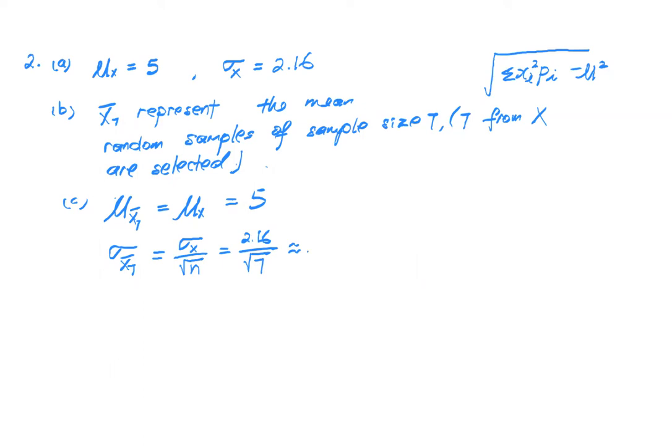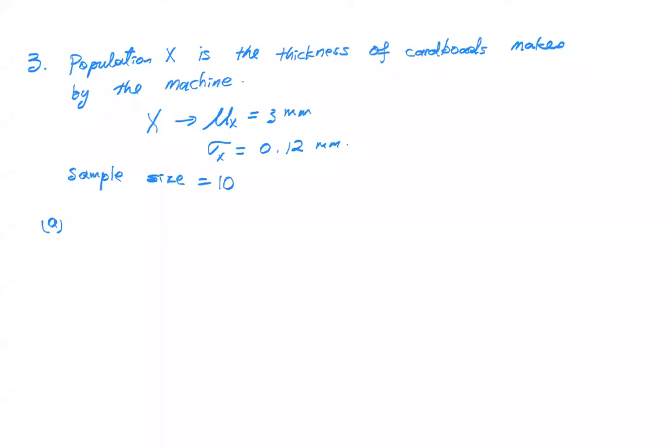Got it? Okay, can you please go to question 3? There is something I want to explain from question 3. As you read, you must jot down the information. Every time when I read a question, I will write down as much as I can.